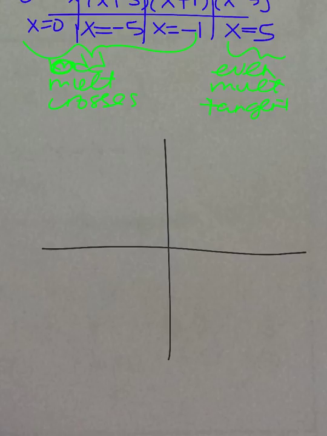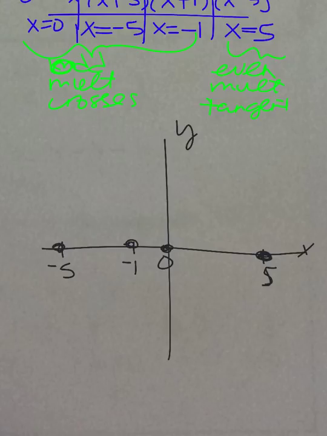I have negative 5 and negative 1, 0, and 5. Remember, at 5 it's tangent. Negative 1, negative 5 all cross.